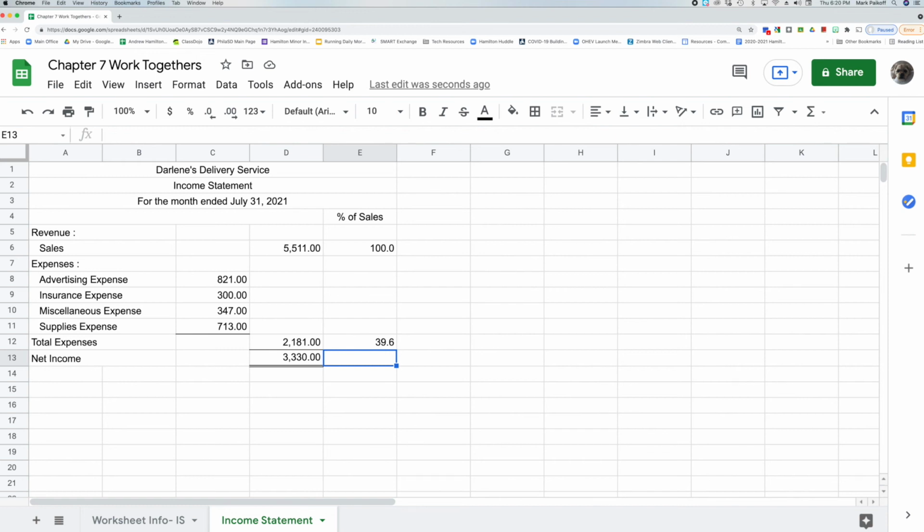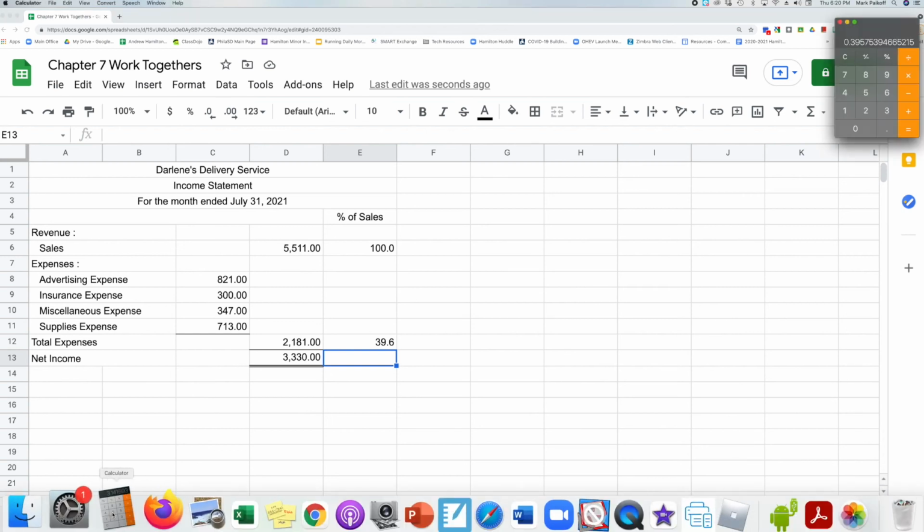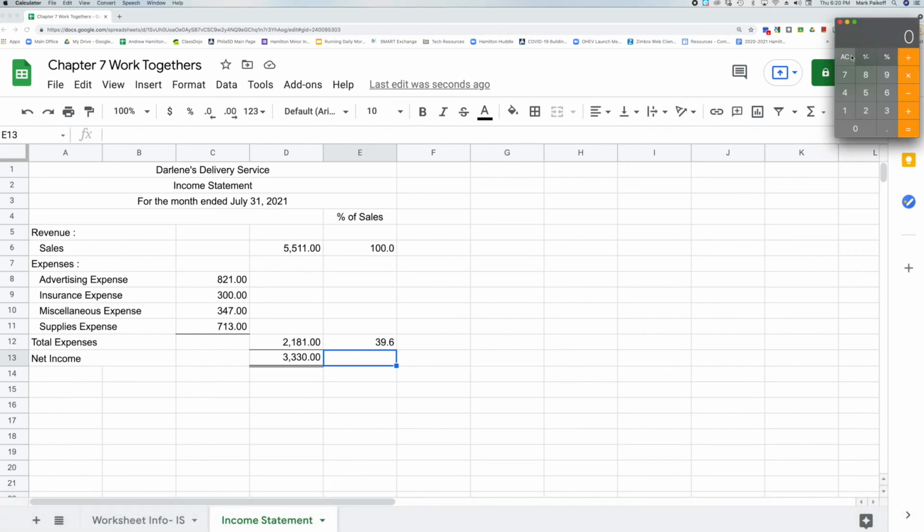Okay, the last thing that we're going to do is figure out the percentage of sales for net income. And we're going to do the same thing with what we did with total expenses. We're going to take net income divided by sales, and that will give us the component percentage. So if we take 3,330 divided by 5511, that will give us this number.